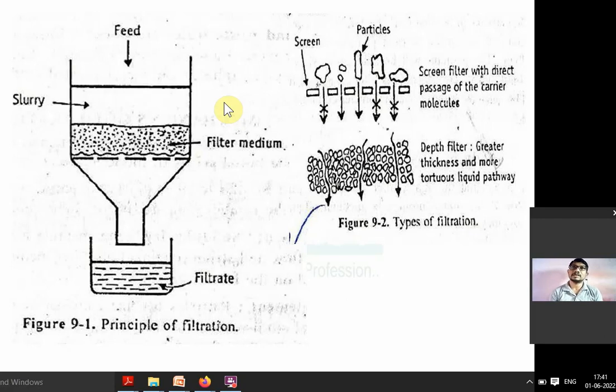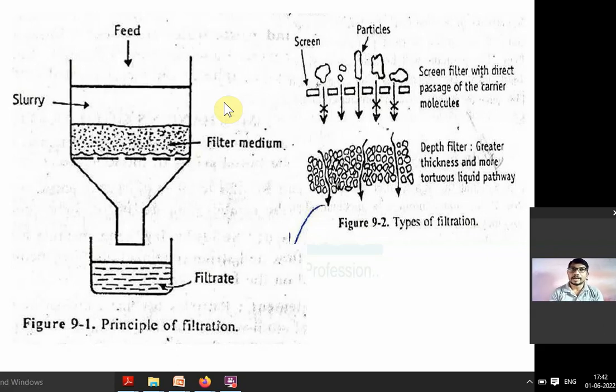Filtration is nothing but the separation of the dispersed phase from the continuous phase, or separation of solid from liquid, or separation of solid from air. You may ask, why is there a need of separating solids from air? You might be working in your parenteral products. There you need cleanliness, you need clean air. To obtain clean air, you need air purifiers.